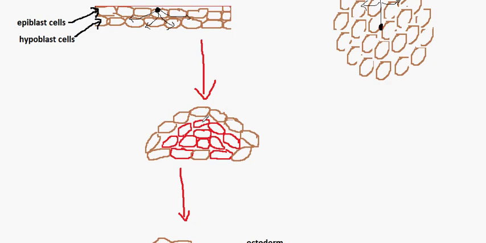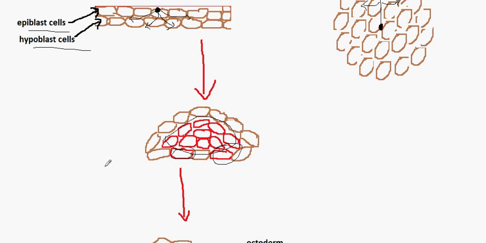These red cells over here, this mass of cells, have ended up between the epiblast layer and the hypoblast layer of cells, and these cells over here are replacing the hypoblast cells. The structure is starting to bend a little bit because of the unequal growth of the hypoblast and the epiblast cells.